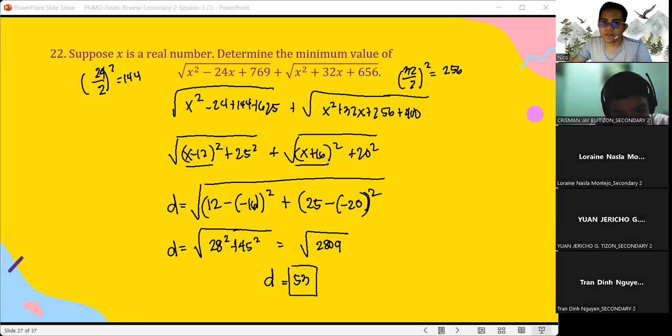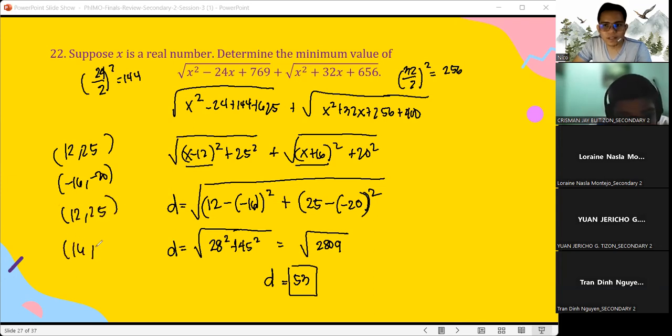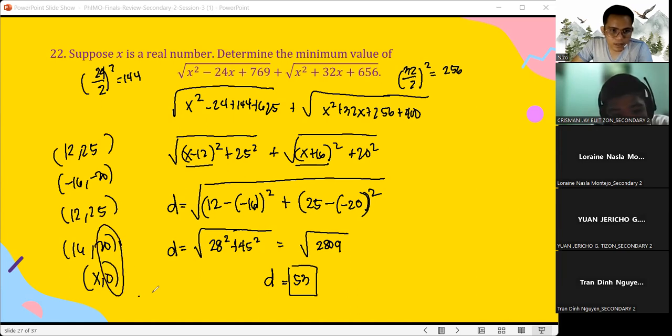So which means you can either have 12, 25, or 16, 20, and you know that there is x sub 0 between them. So when using the distance formula, this will become positive, positive, positive, then this one will have negative 20. Kasi this one here is like 0, 20. Like that lang, no?